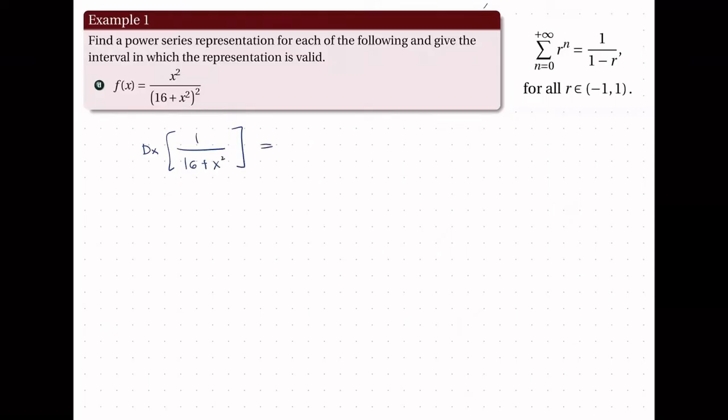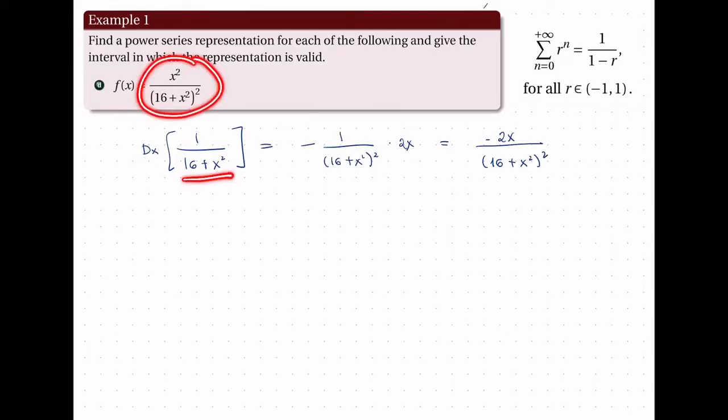So this is equal to negative 1 over 16 plus x squared, and then chain rule, differentiate 16 plus x squared, we have 2x, or we have negative 2x over 16 plus x squared. Okay? So ang idea is, para magamit natin ito, kailangan natin i-express yung function natin as something of this form. Okay? Times some function. Siguro.